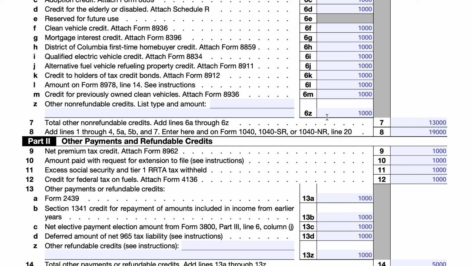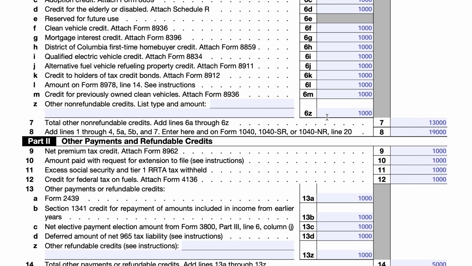So that amount would be reported to you, or you should receive a Form 1095-A from the marketplace about your coverage. If you received an advance premium tax credit, then you would attach your IRS Form 8962.